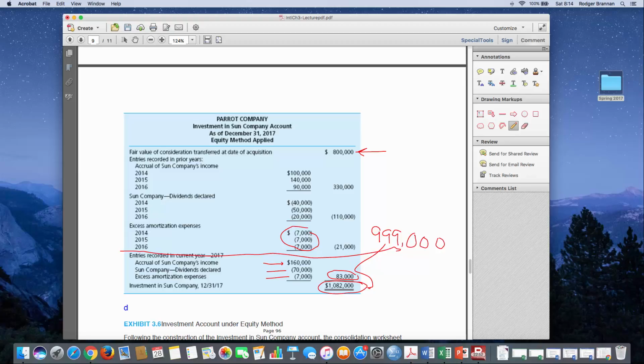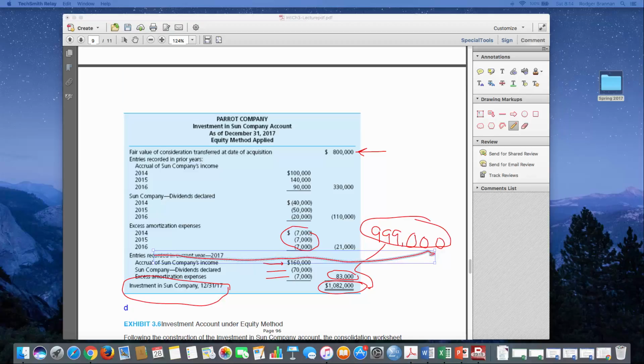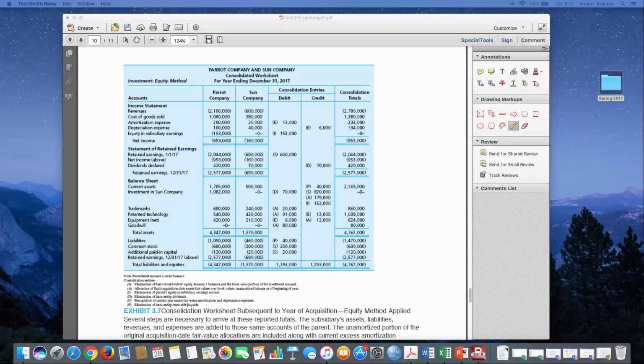That's the amount that they're going to be carrying in their investment account at the end of the year. At the beginning of the year, this would be the investment account, the 990. So from the beginning of the year to the end of the year, you have the $83,000 adjustment, and I can explain that by the income, dividends, and that annual amortization. All right, so we have the general information we need.